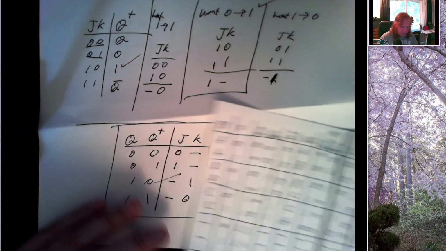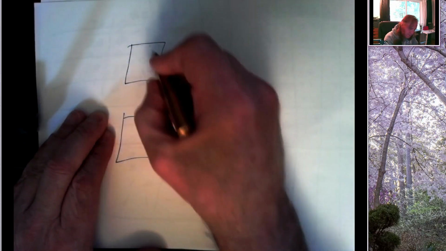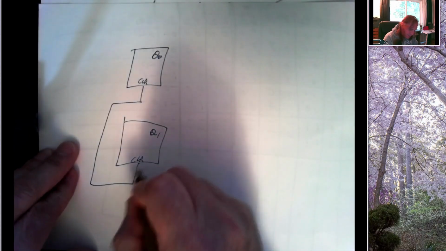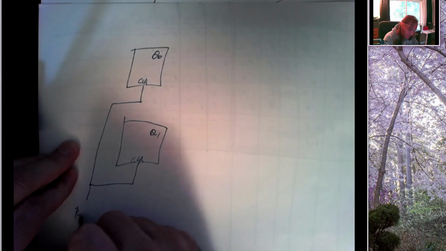So when we actually sketch the circuitry for this is where we can take advantage of things like an asynchronous clear input. So we might have our 2 flip-flops, and there might be this clear input on the bottom, and we might take those clear inputs and feed them into some kind of reset signal.